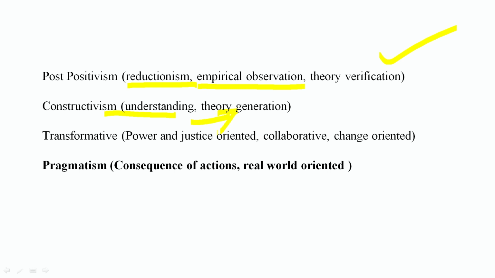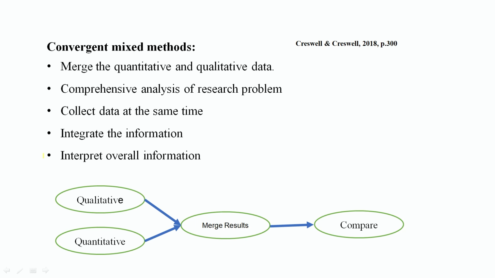Here power and justice, there are different advocacies. So, these advocacies come into effect, collaborative or change, transformation oriented. Now, when we talk about mixed method, the worldview widely used is pragmatism, that means the consequence of actions, and the real world oriented view. Pragmatic, the term itself says real life.